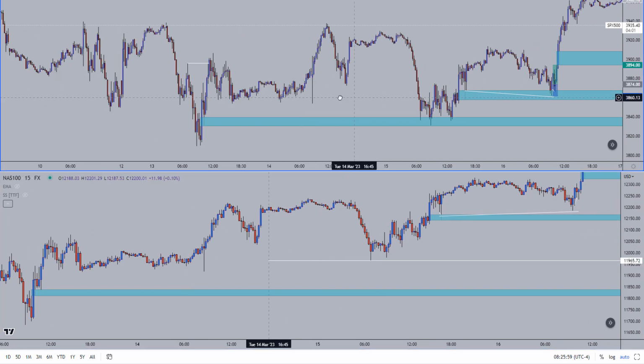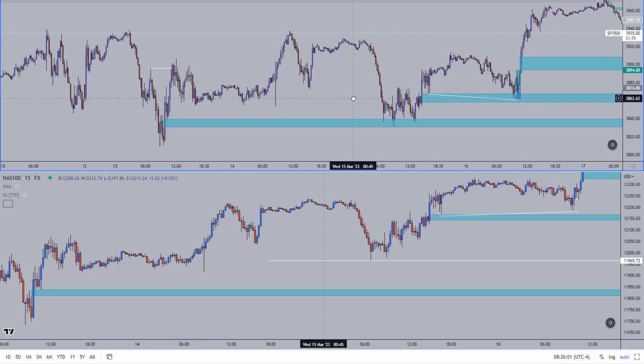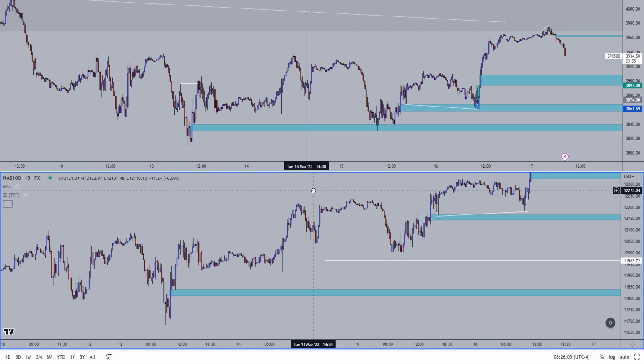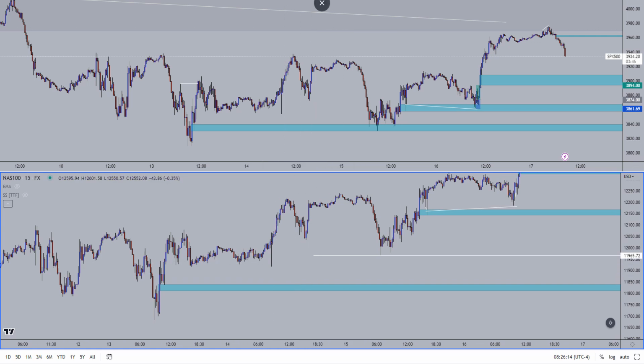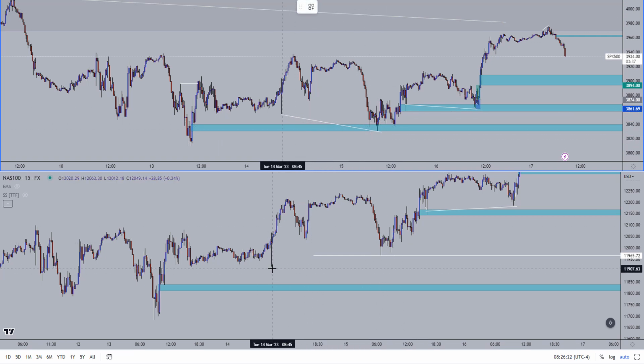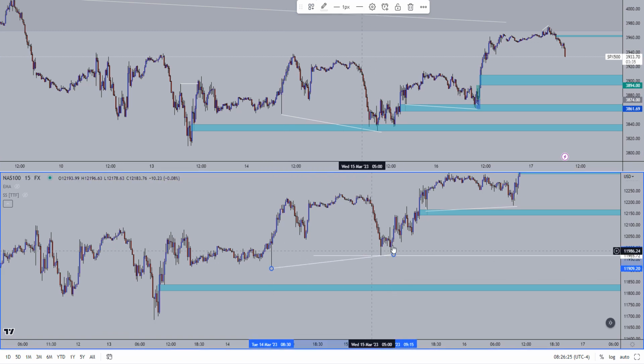Now the first interesting thing starts. What is the first interesting part? I will just zoom out. Look at that. From this wick right here to this low over here, we had a lower low. But over here on Nasdaq, we had a higher low.